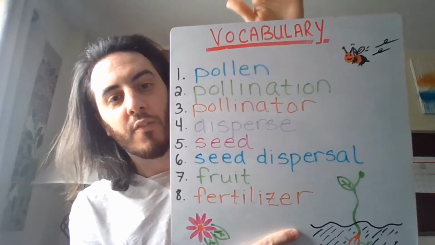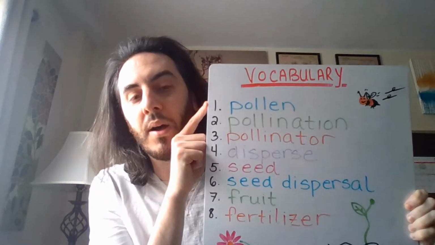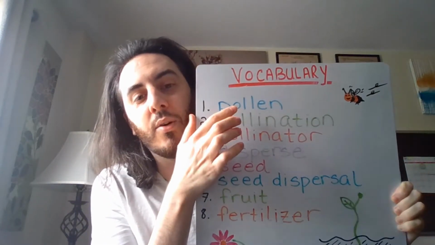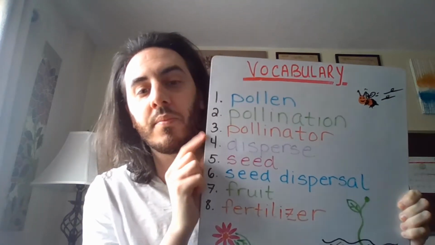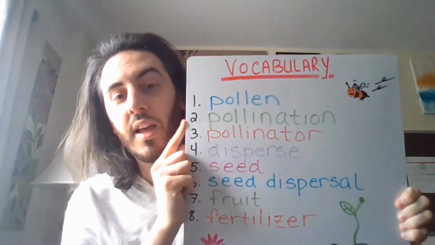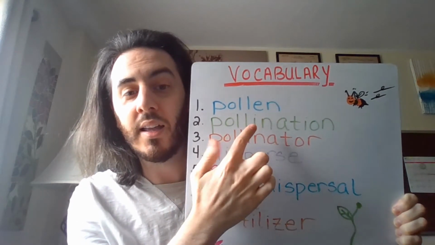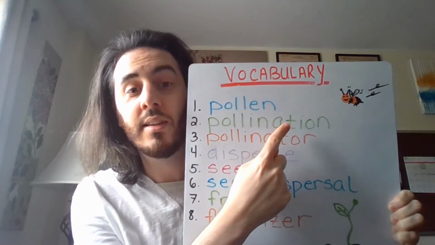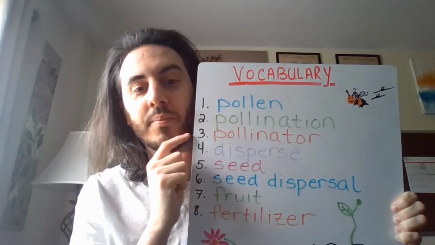The first word is pollen. We're going to learn about pollen, and that's P-O-L-L-E-N, pollen. The second word is pollination, and that's P-O-L-L-I-N-A-T-I-O-N, pollination.